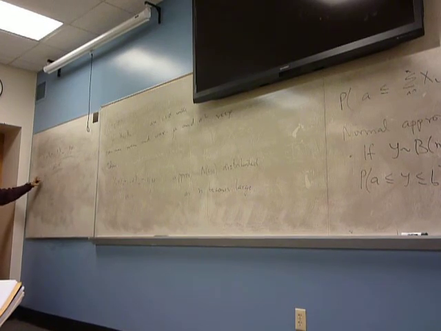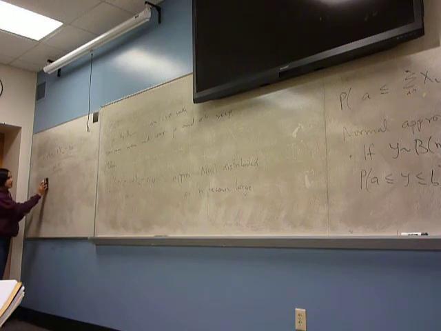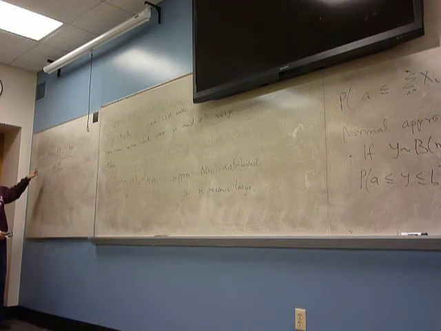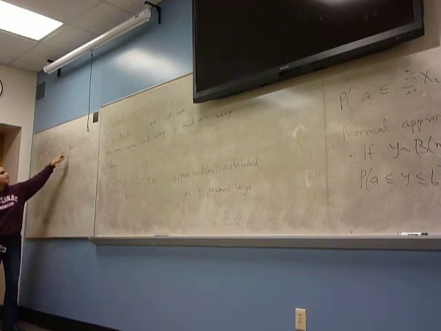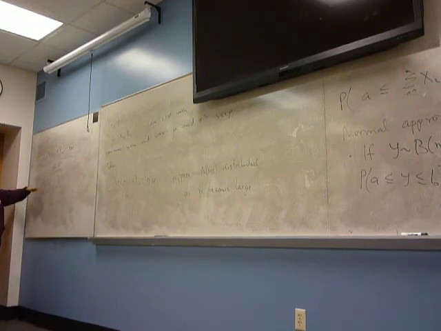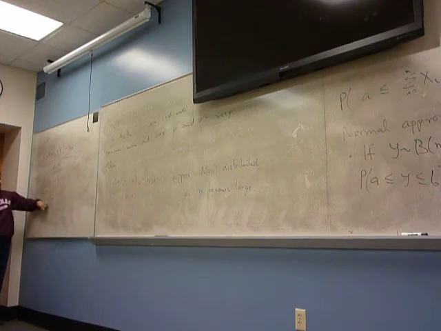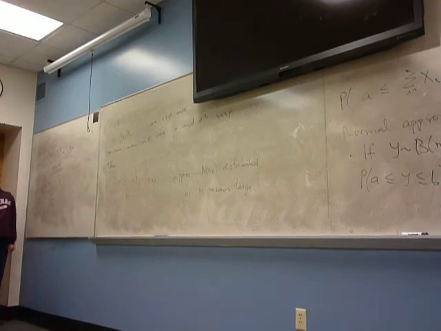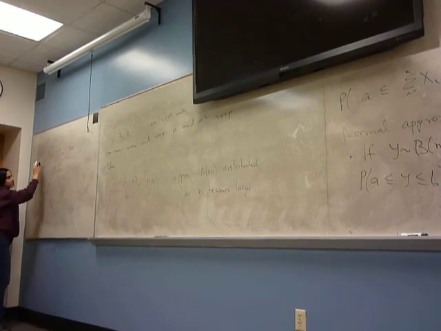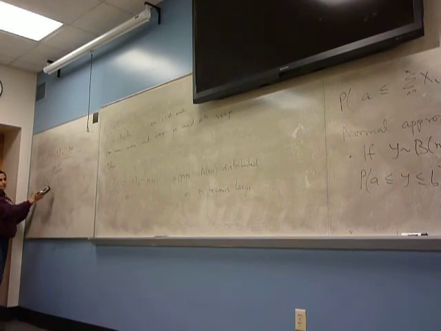So either I can say the sum minus n times mu divided by the square root of n times sigma, or I can say the average minus mu divided by sigma over the square root of n. In both cases, what I'm subtracting is the mean of this quantity. The mean of the average is just mu.